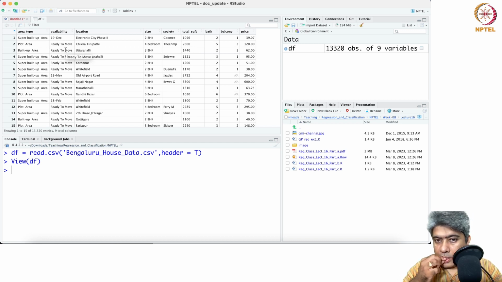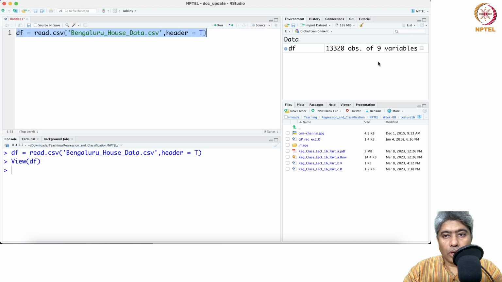Now, the first thing we will do, since we have done quite a few visualizations in Python, we will not spend too much time on visualization. We can do a little bit, but first we have to do some data cleaning.